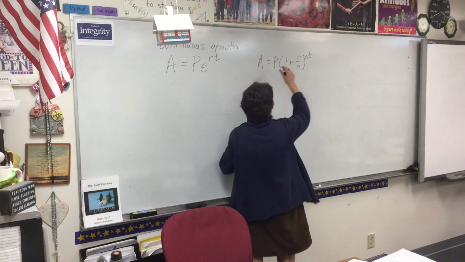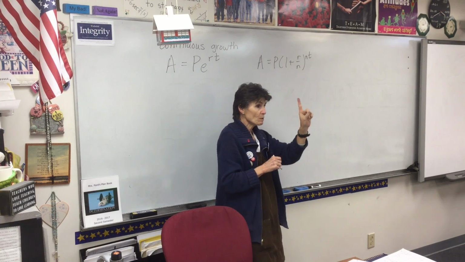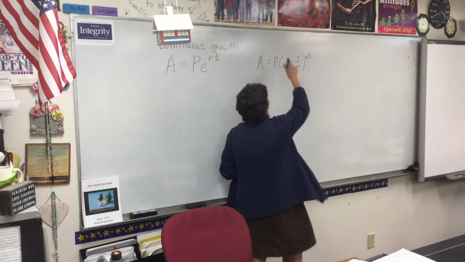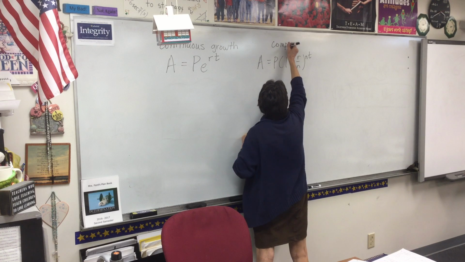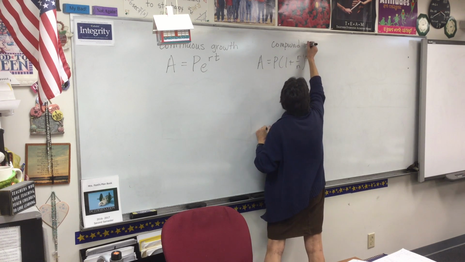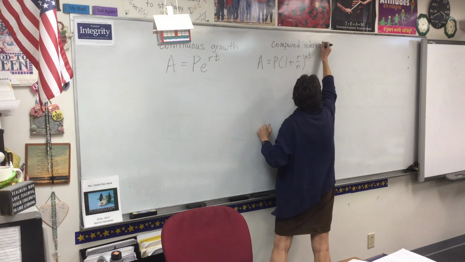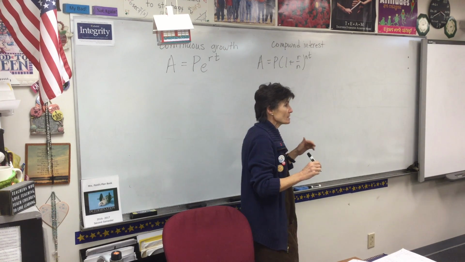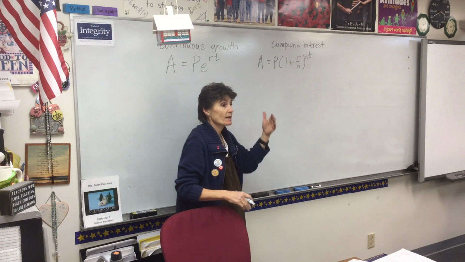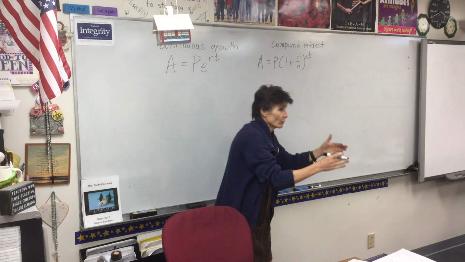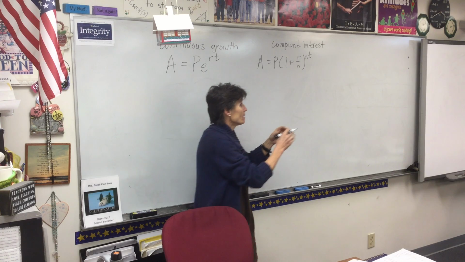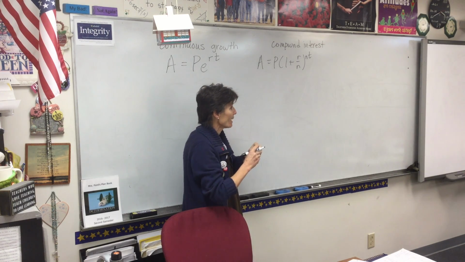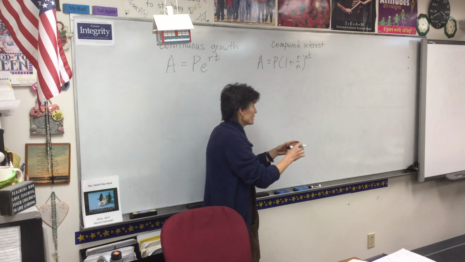This is the formula that is used in only one situation, and that is compound interest. Most of you have savings accounts. Hopefully you all have savings accounts. And your money is compounded quarterly, or compounded monthly, or compounded daily.